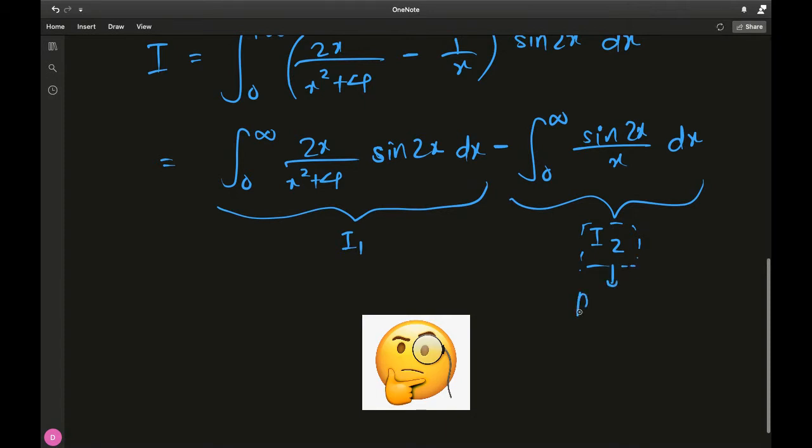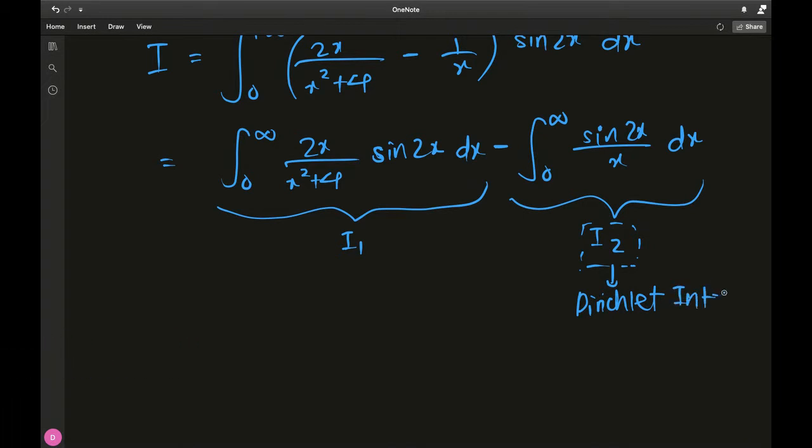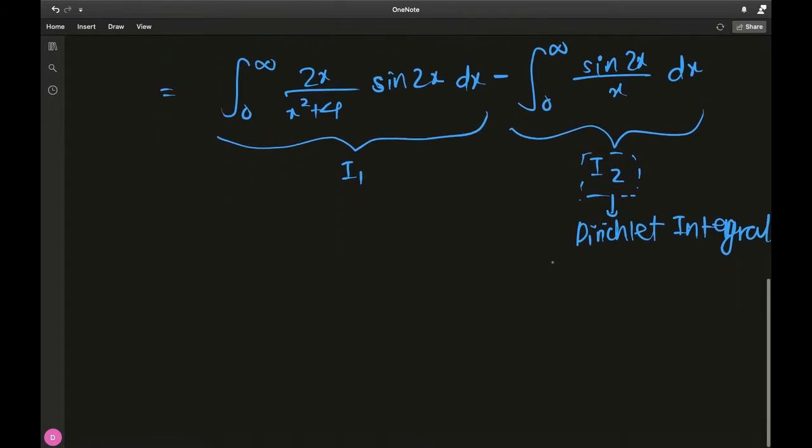This is just the Dirichlet integral. One special thing about the Dirichlet integral is that no matter what constant you have multiplied with x inside the argument of the sine, it can be 2, 4, any real number, this Dirichlet integral I2 will always be pi over 2.